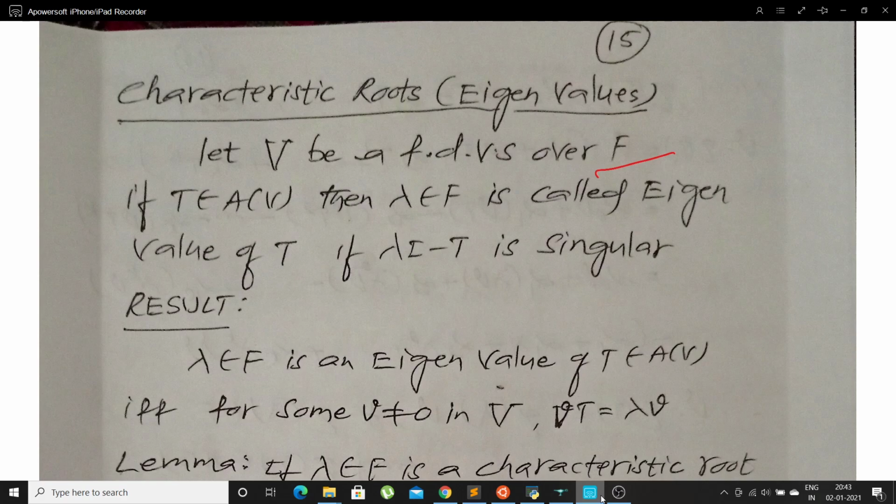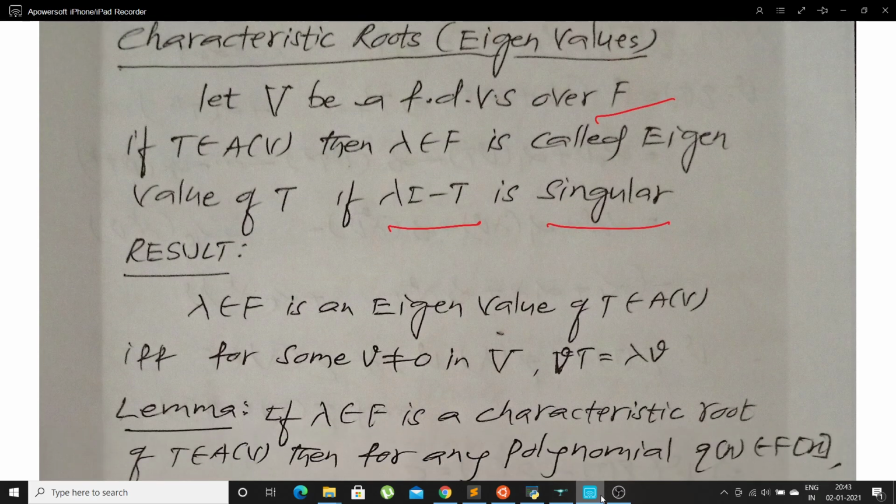If lambda I minus T is singular, you know the meaning of singular: if it is not regular, then we call it singular. In other words, we define it like this.